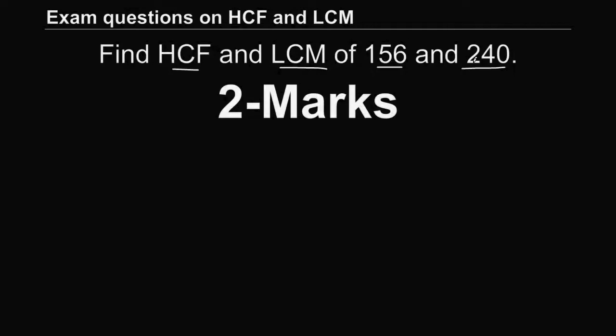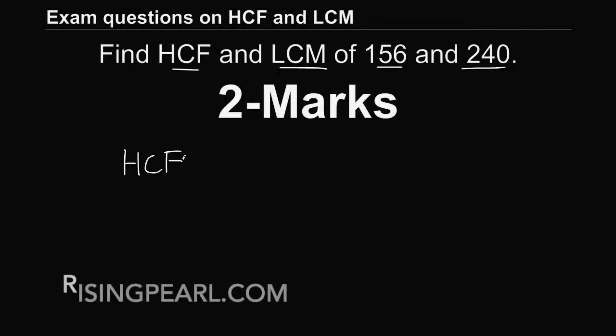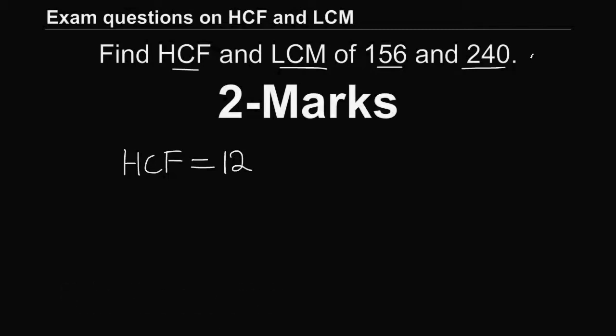Using any of these methods, we will see that the HCF of these two numbers is equal to 12. If you want, let's very quickly try using Euclid's division lemma method to find the HCF one more time.